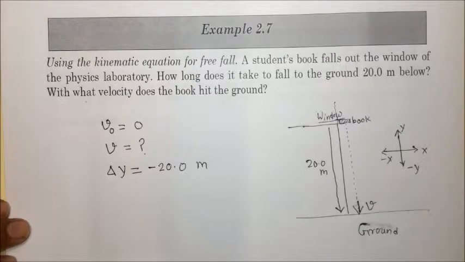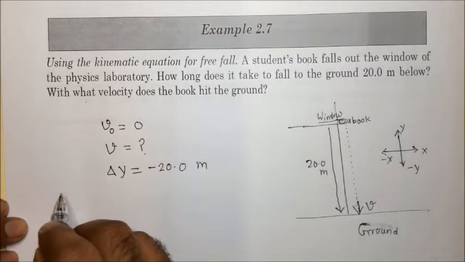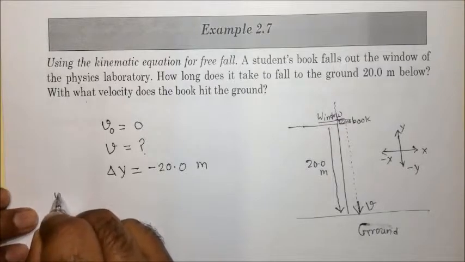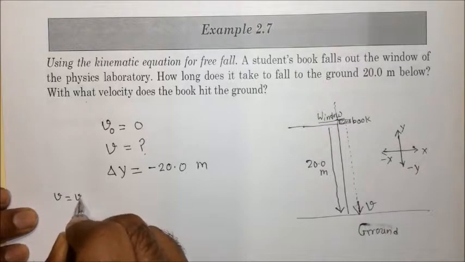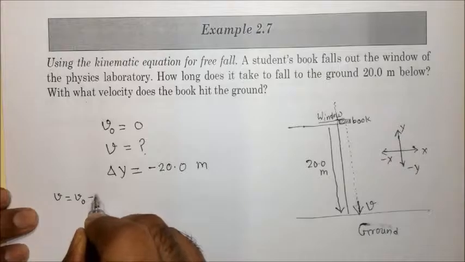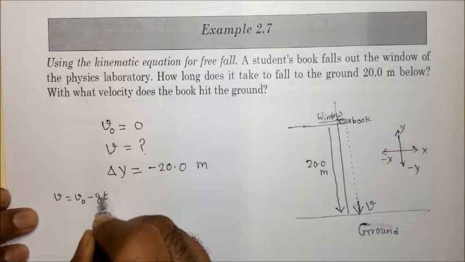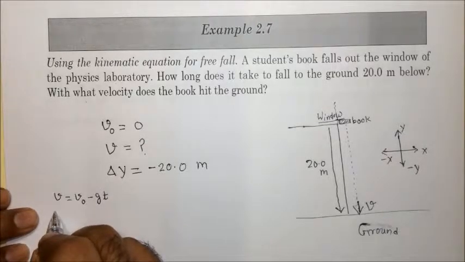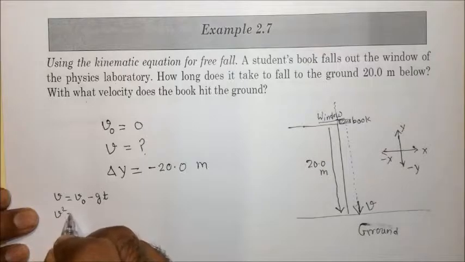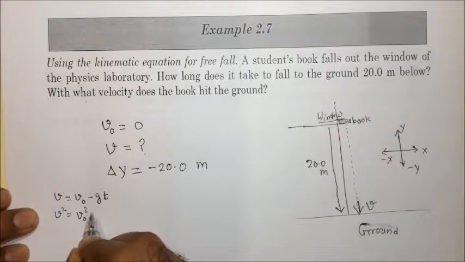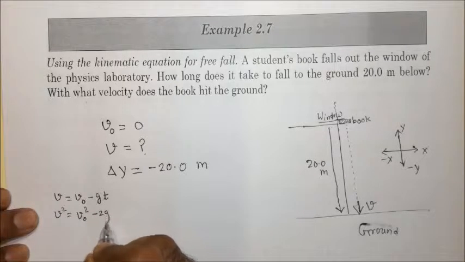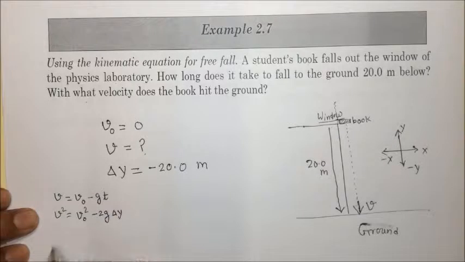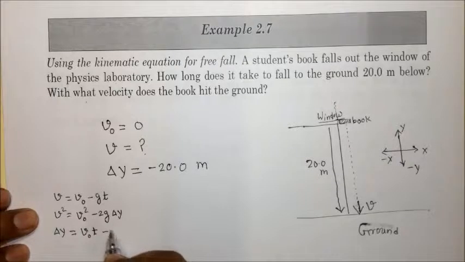Now for vertical motion we have three equations. V final is equal to V initial minus GT. V final square is equal to V initial square minus 2g delta y, and delta y is equal to V initial t minus 1/2 gt square.